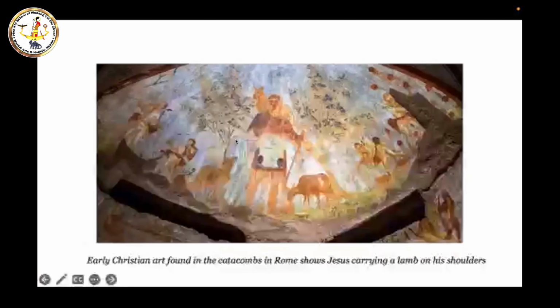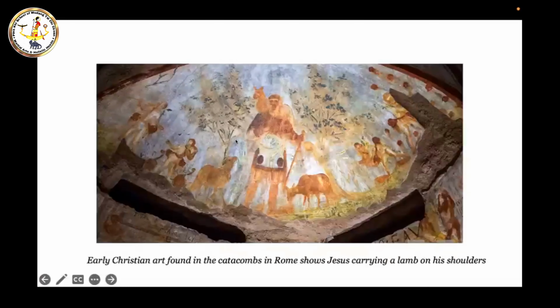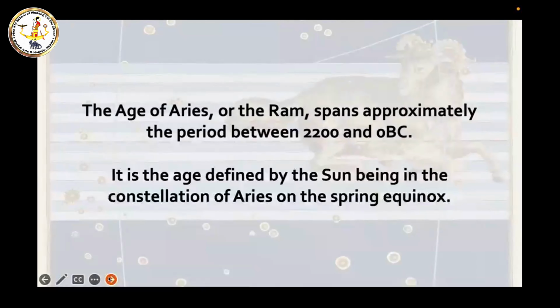So we have, as one of the early representations, or most modern, I should say, the lamb upon the shoulders. So what does the lamb represent? This is the age of the ram, and it existed between this time here, 2200 BC to 0 BC, give or take 100 years or so.